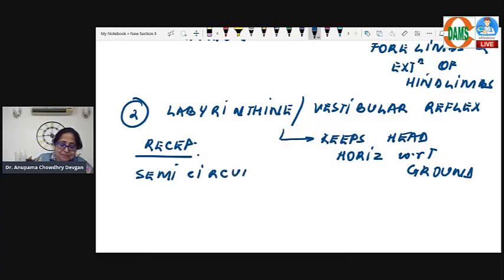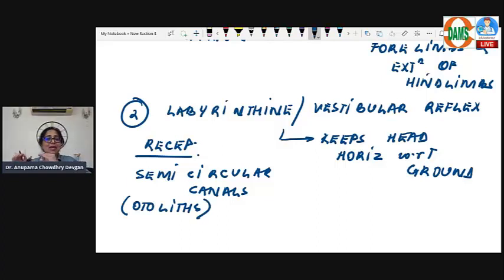Right? The otoliths which are present in the semicircular canals are the receptors, and they keep the head horizontal with respect to the ground. So two reflexes which are integrated in the medulla: tonic neck reflexes and the labyrinthine or the vestibular reflex.